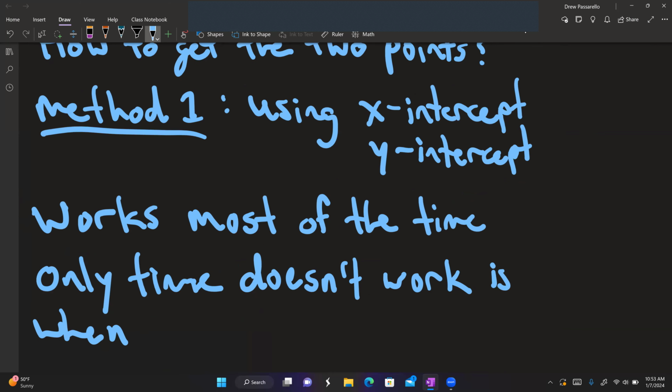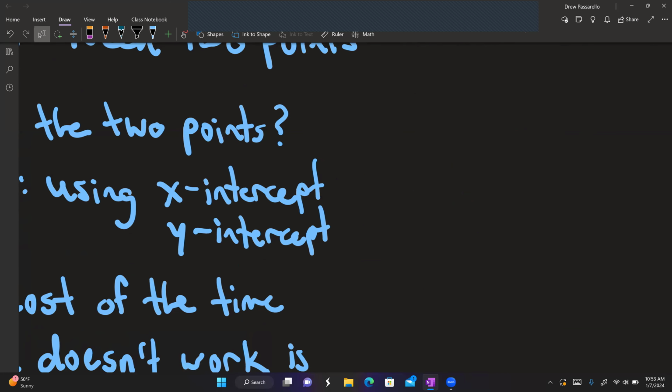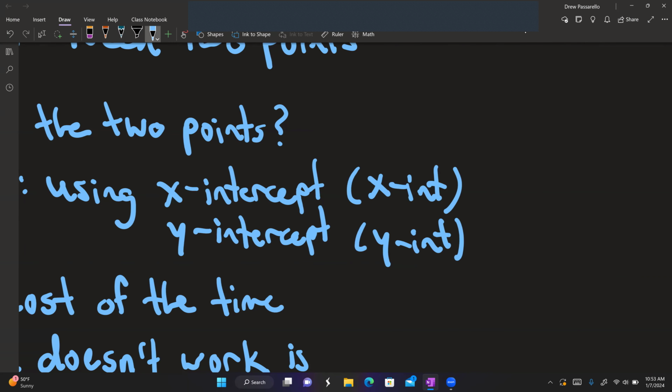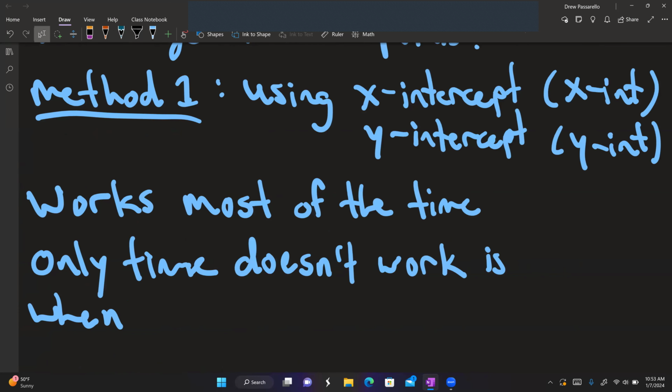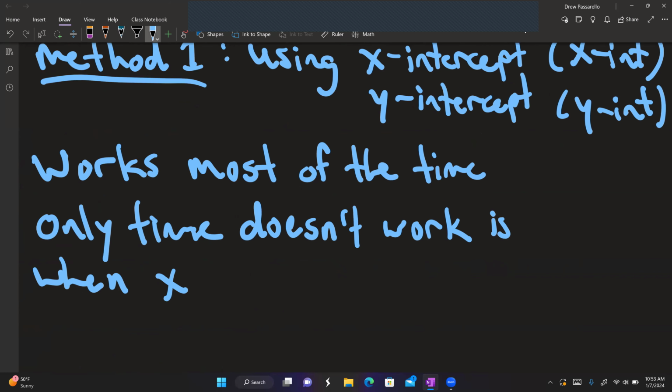so I'm going to abbreviate, like in the previous video, I said x-intercept. Instead of writing the word intercept all the time, I'm going to abbreviate it as x-int. And instead of writing y-intercepts, I'm going to write that as y-int. All right, so using the x-intercept and y-intercept works most of the time. The only time it doesn't work is when the x-intercept and y-intercept are the same point.